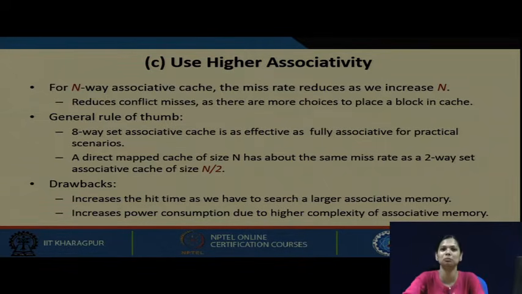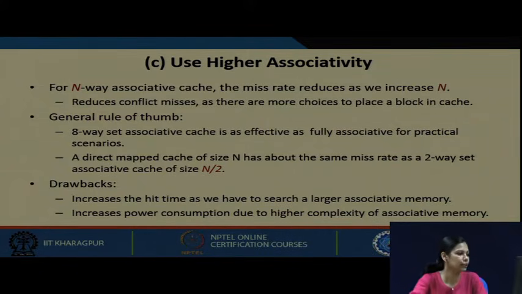So, we need not pay the cost for a fully associative cache, since the requirement is met up to 8-way set associative cache.